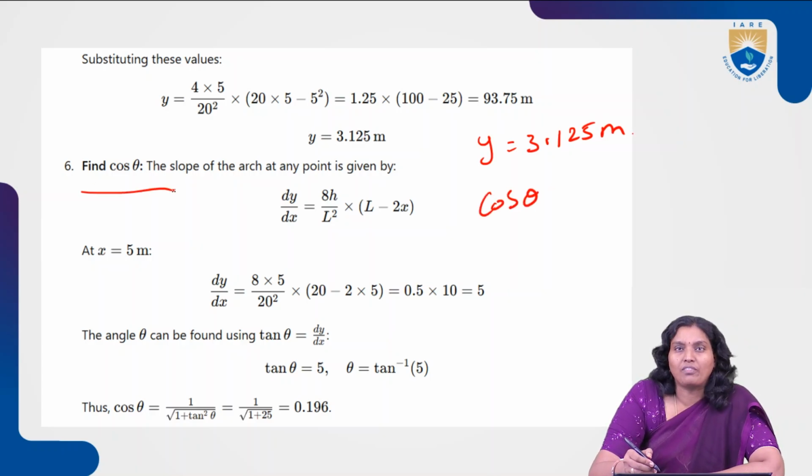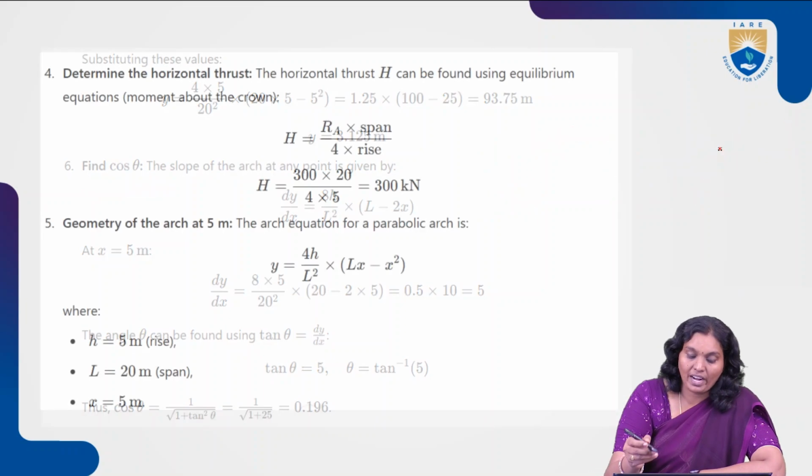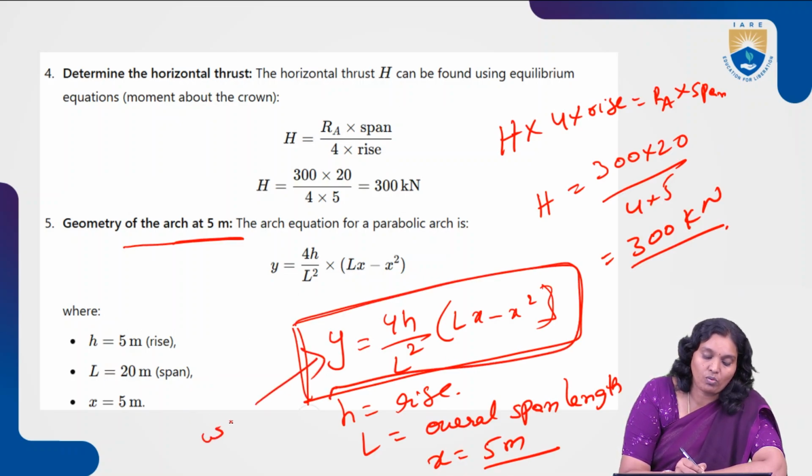The slope of the arch at any point is equal to dy by dx is equal to 8h by L square into (L minus 2x). So differentiate the parabolic arch equation with respect to x.